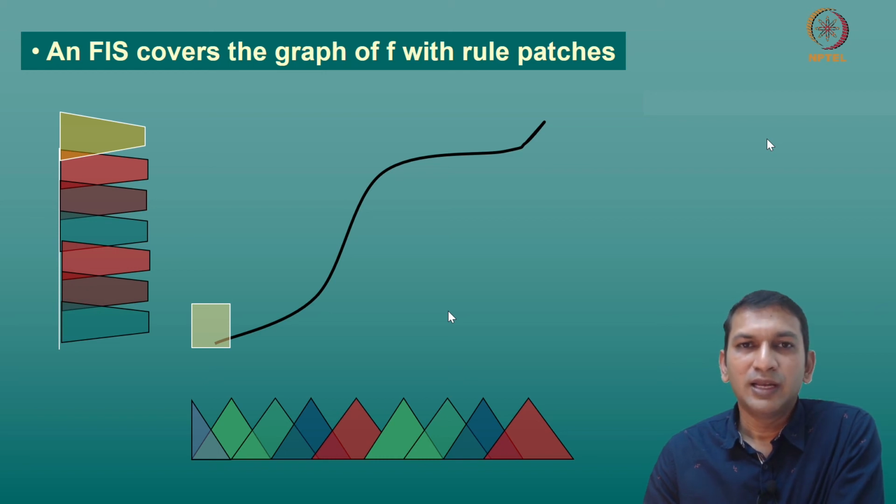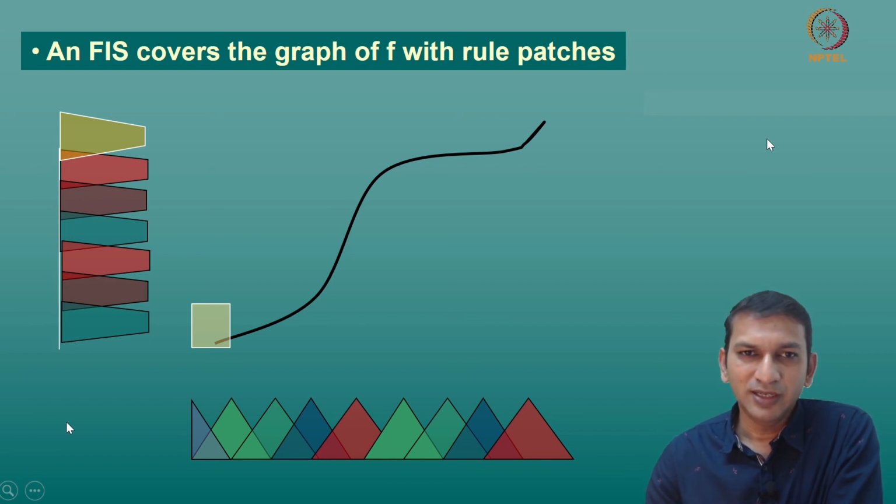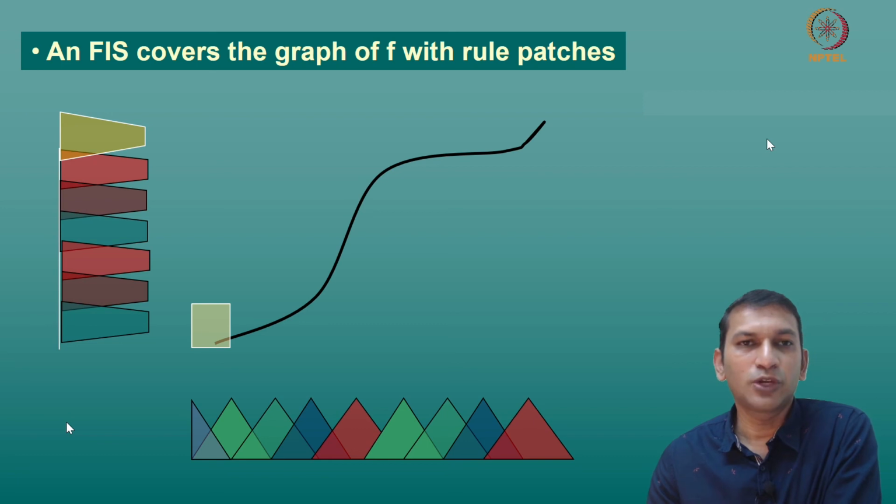So if you have an input X which excites this fuzzy set here, which falls in the support of this fuzzy set, then the Y values will definitely belong only to the support of the fuzzy set you see here. However, notice that we are having a fuzzy covering. That means there are fuzzy sets on the input domain which are overlapping.